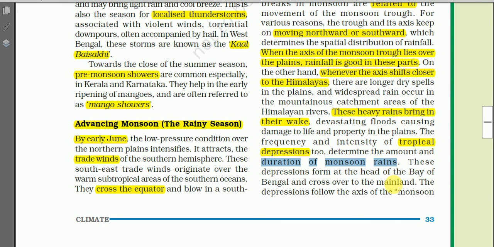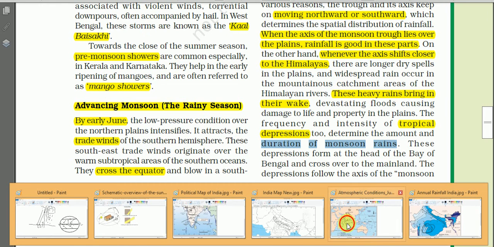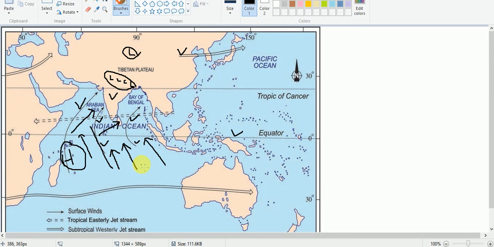Whenever cyclones develop over the Indian Ocean, here or maybe here, then there may be continuous rainfall in the coastal area. Or if cyclones develop here in the Arabian Sea, then there will be continuous rainfall, maybe a week or 10 days in this area.